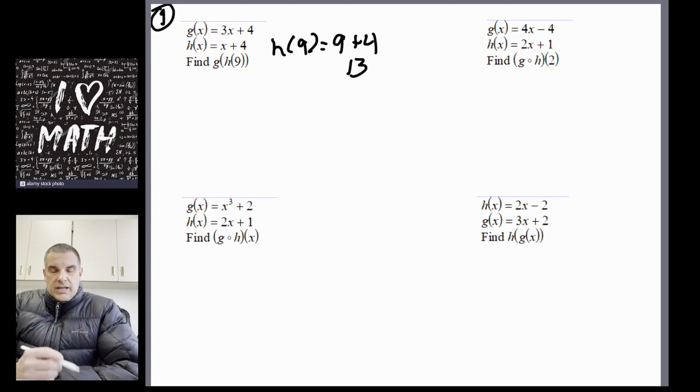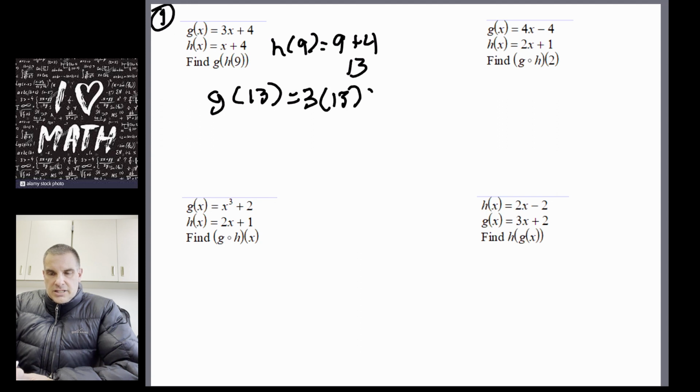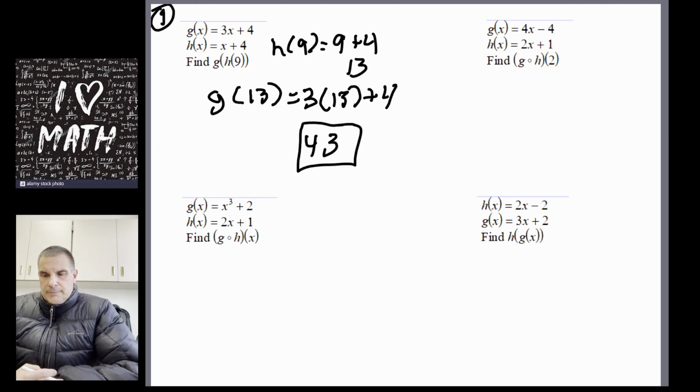Now we have to find g of 13 because our h of 9 was 13. Anywhere in the g function where we see an x, we're going to replace it with 13. 3 times 13 is 39. 39 plus 4 is 43, which is your solution for that one.